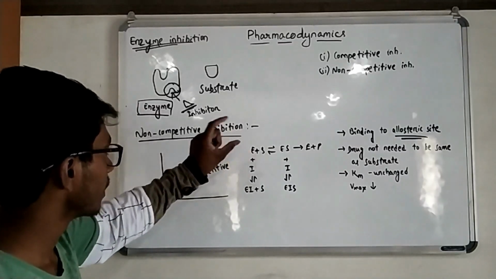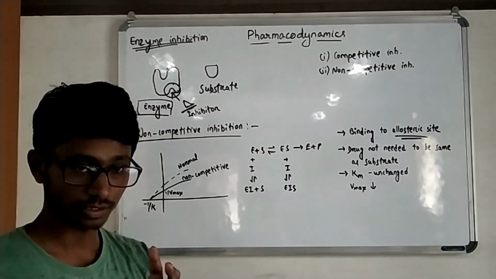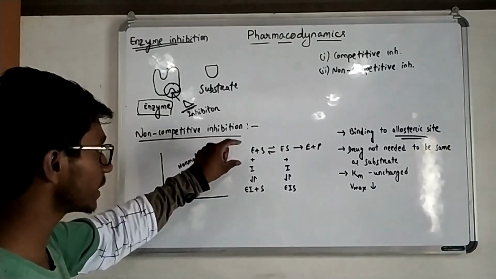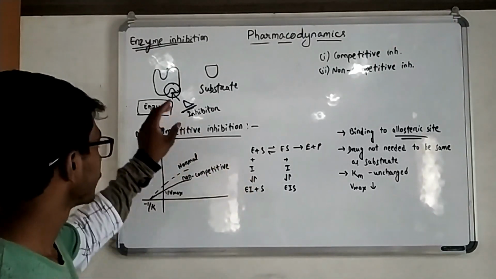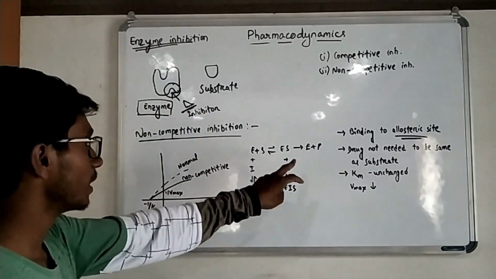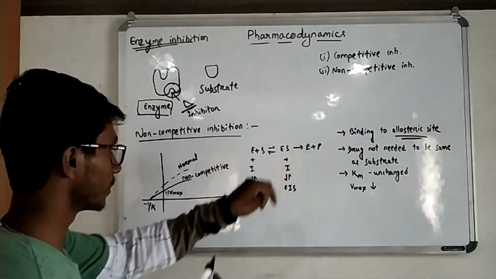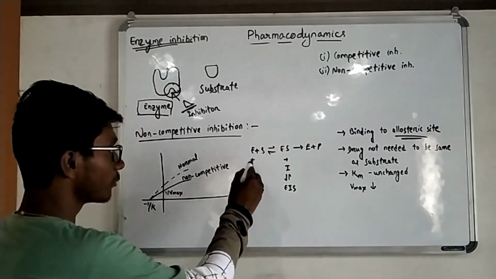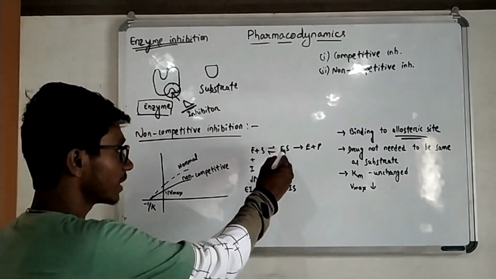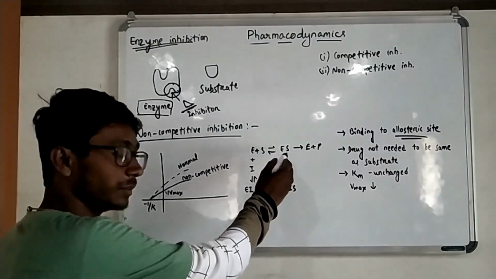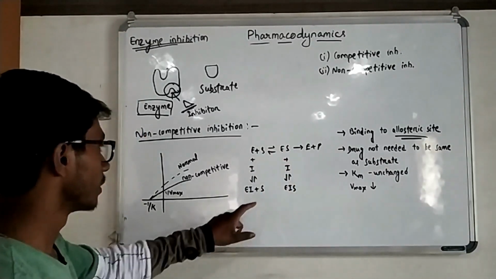Wherever the inhibitor finds the enzyme's allosteric site free, it will bind there, and this reaction will be hampered. Like the inhibitor will bind to the enzyme here, and after the enzyme substrate complex forms, the inhibitor will bind here too.